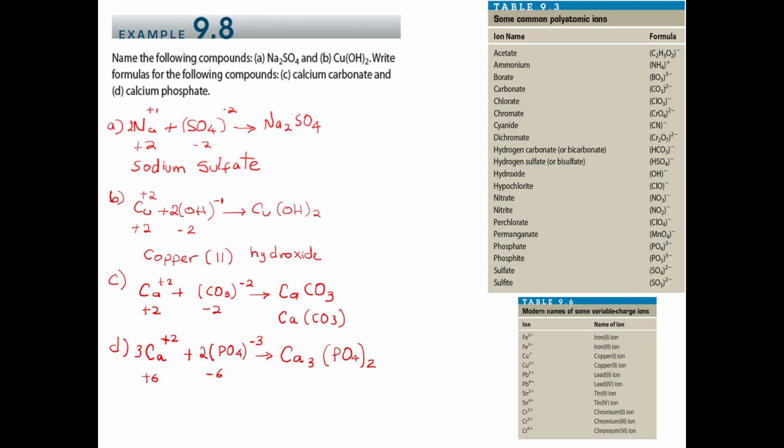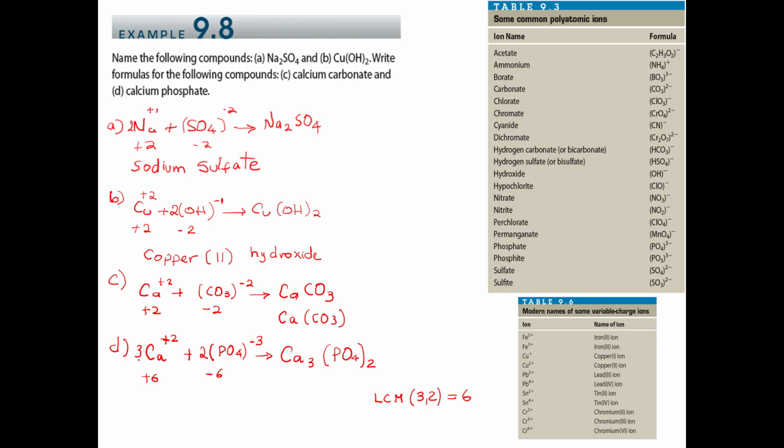The other way you can find the number you need to multiply each of these ions by is using the least common multiple. The least common multiple between 3 and 2 is 6.